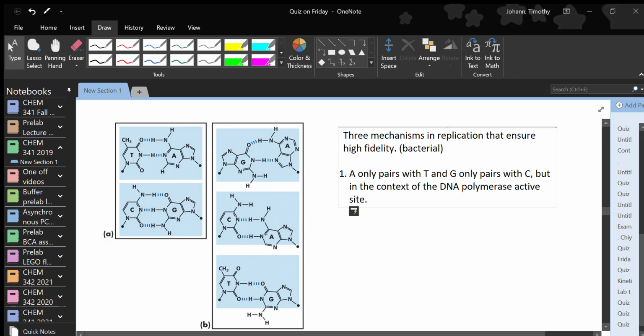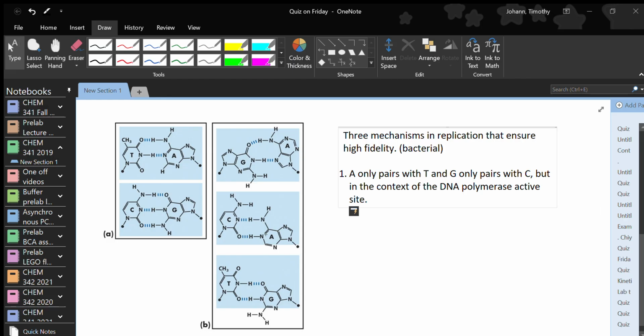All right, so what do I mean by that? Well, you can make these base pairs, A with T and G with C, but you can make a lot of other base pairs, okay? There's all sorts of ways you can arrange these and actually get base pairing.